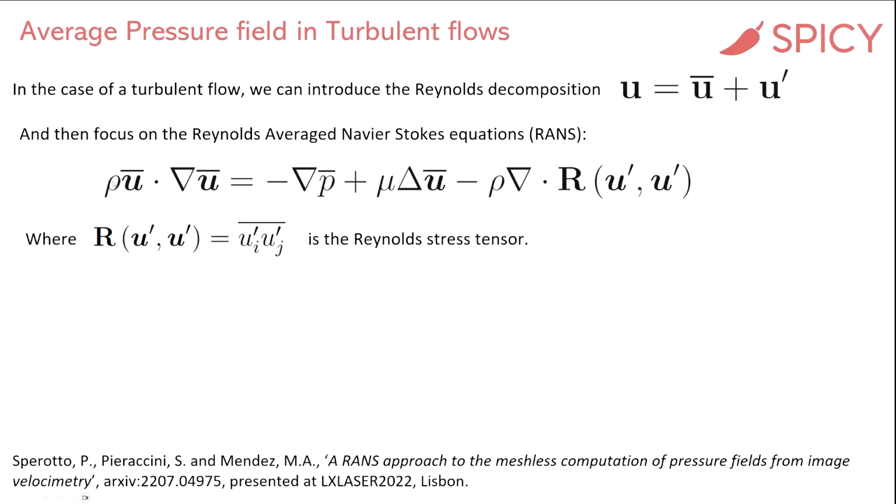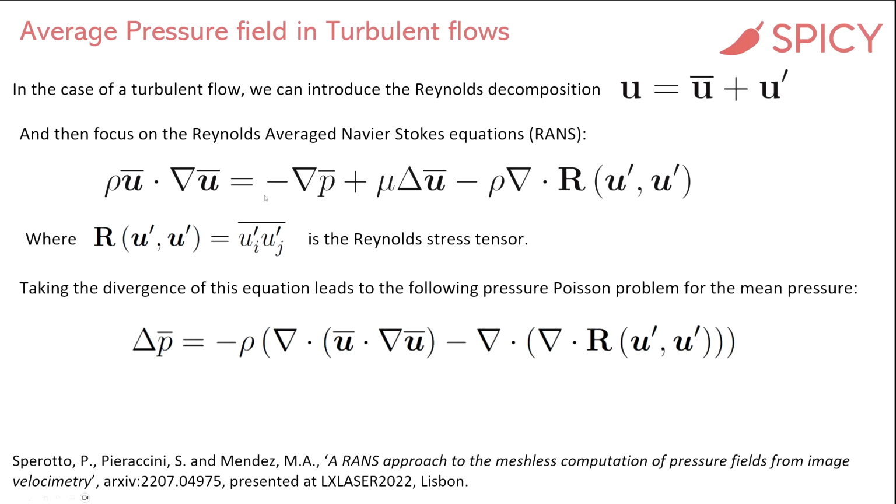And if we take now the divergence of this Reynolds average Navier-Stokes equation and we use again the continuity equation, we arrive at the pressure Poisson equation for the average pressure field. So in this case, in addition to the previous term which we have already seen, we will have the divergence of the Reynolds stresses.